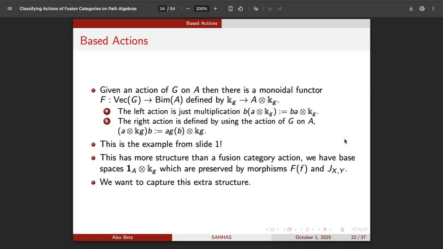This specific action has more structure than a fusion category action. We have these base spaces, the unit in the algebra tensor kg, which are preserved by our morphisms and our associator. What I want to do is capture that extra structure, and maybe eventually figure out what I need to do to say when fusion category actions are actually group actions.